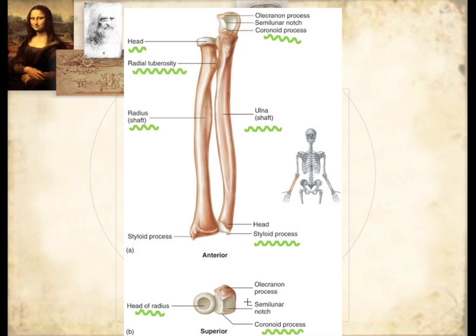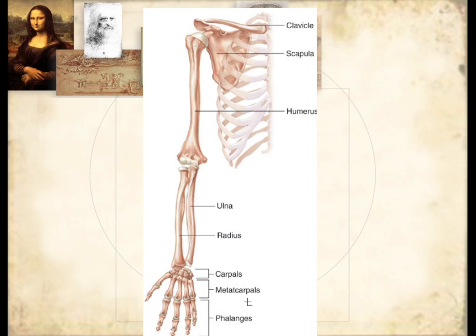As you can see in the figure, this part is the radius and this is the ulna, this is the hand part. And here, the long bone is the humerus, this is the scapula, and this is the clavicle. We read the previous diagram before.